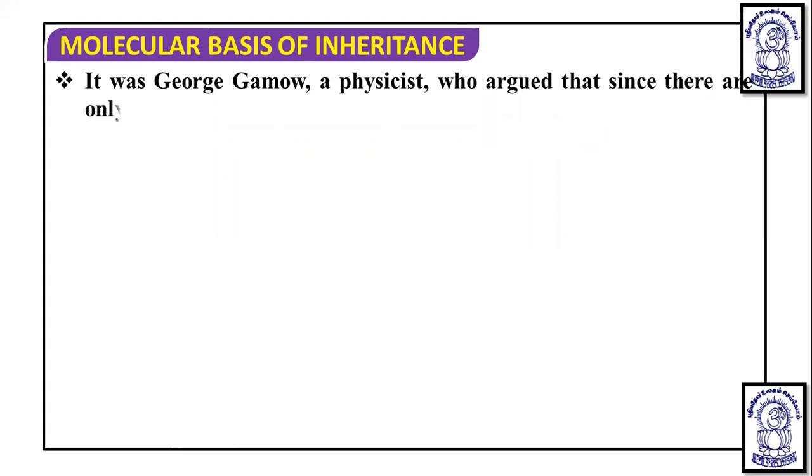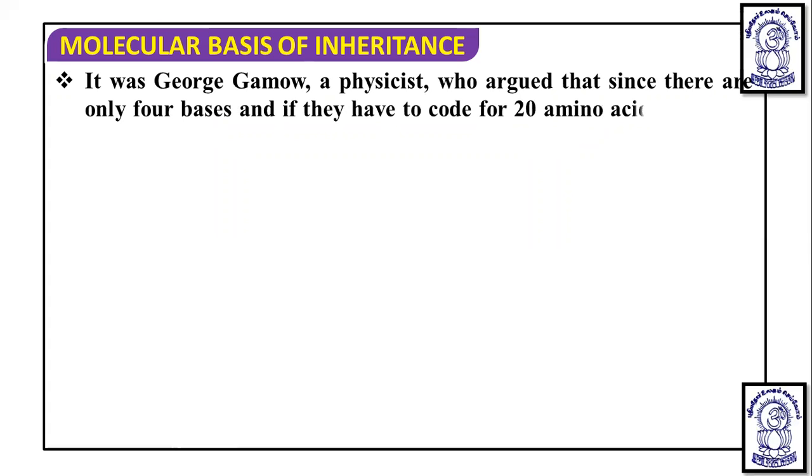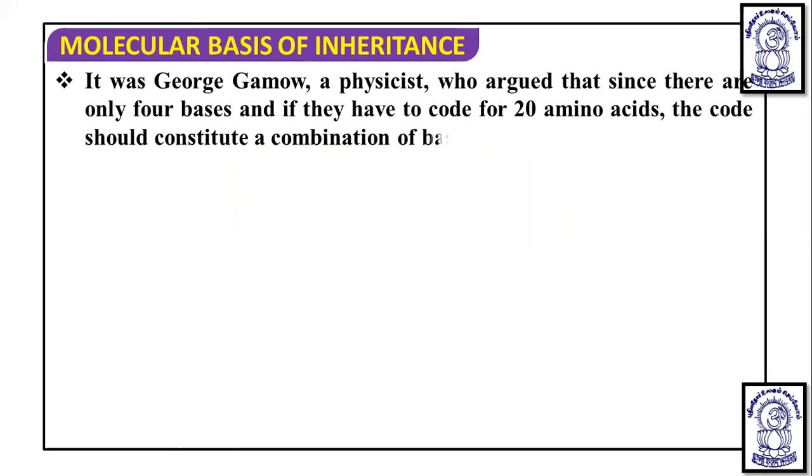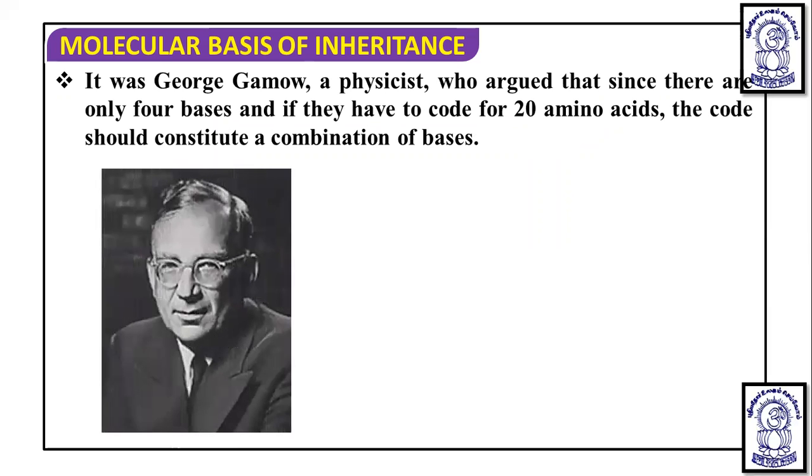Initially it was George Gamow, a physicist, who argued that since there are only four bases, and they have to code for 20 amino acids, the code should be a combination of bases. Because only four bases is not possible to code for the 20 different amino acids.